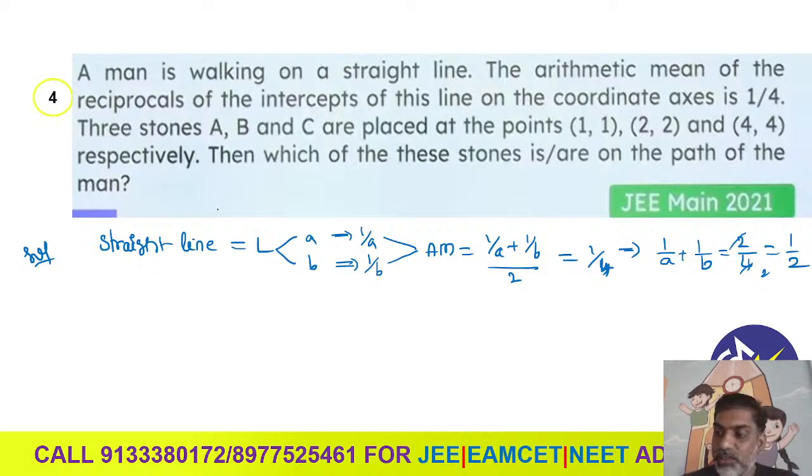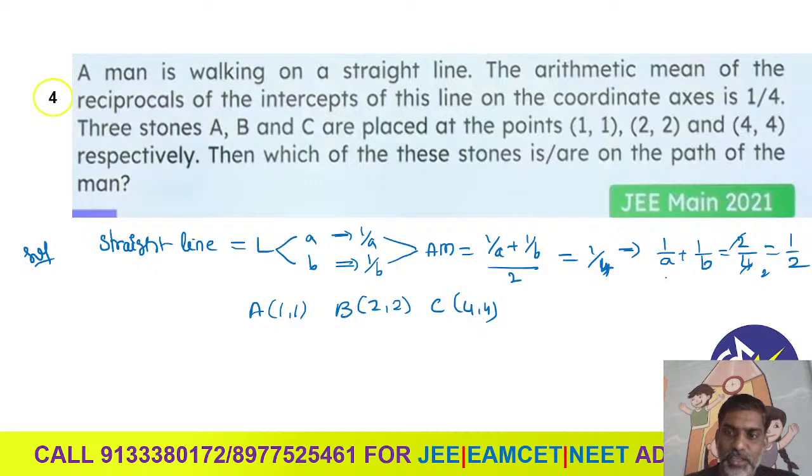What they are saying here: three stones A, B and C are placed at the points (1, 1). First stone A is placed at (1, 1), second stone B is placed at (2, 2), and the third stone C is placed at (4, 4). Then which of these stones are on the path of the man?